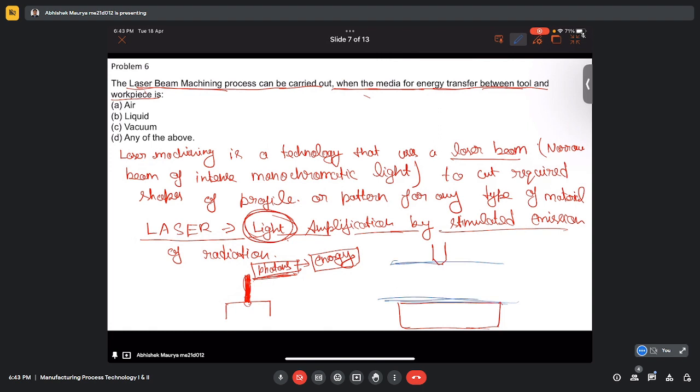So the question is what are the possibilities of the medium, whether it is air, liquid, vacuum, or any of them. For machining to happen, whatever photons are coming from here should reach the workpiece. So here photons are emerging.